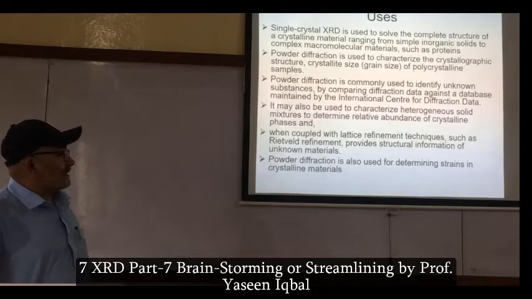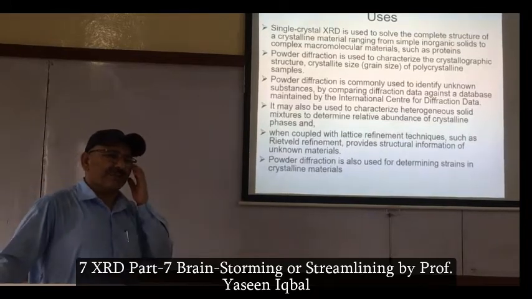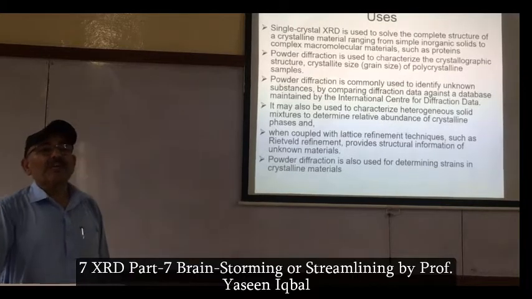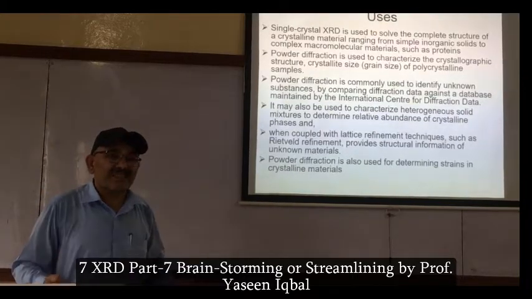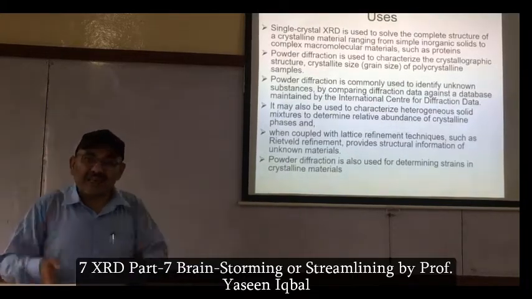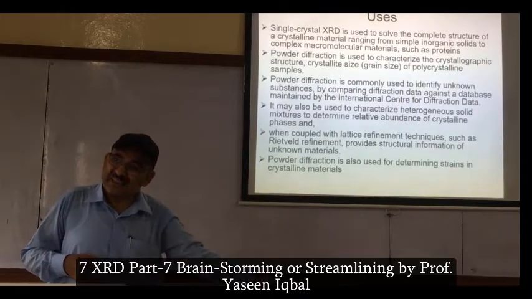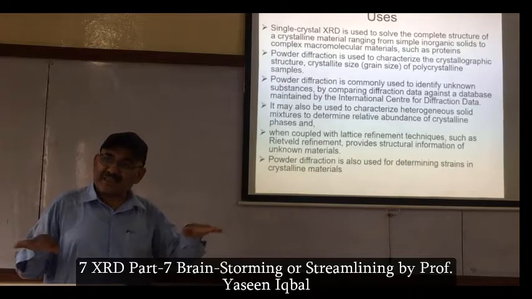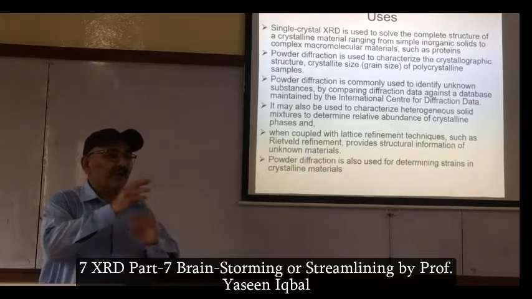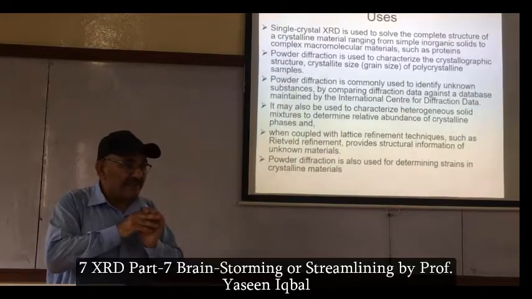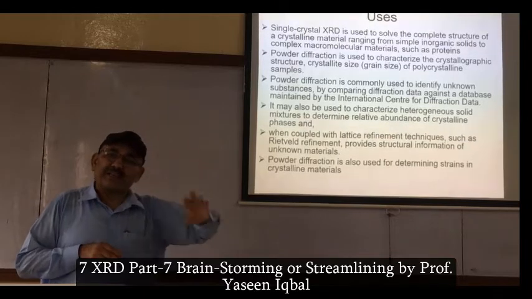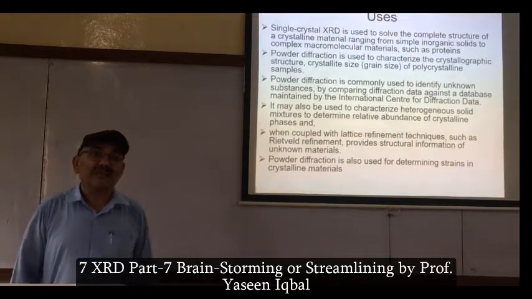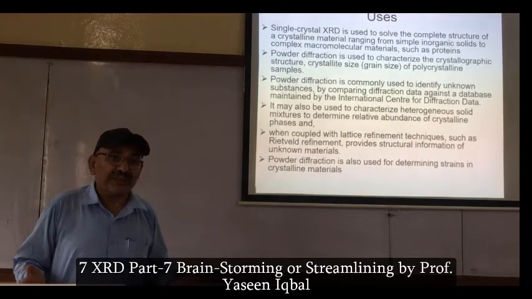A polycrystalline sample and single crystal. The polycrystals are the same crystals as the single crystal, but when the size of the crystal is small, they are oriented in different ways, and you see different crystals within the material, and people call it polycrystalline material.